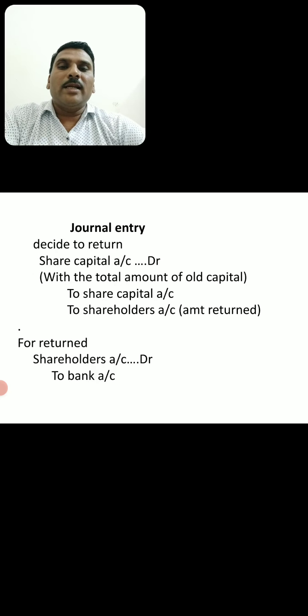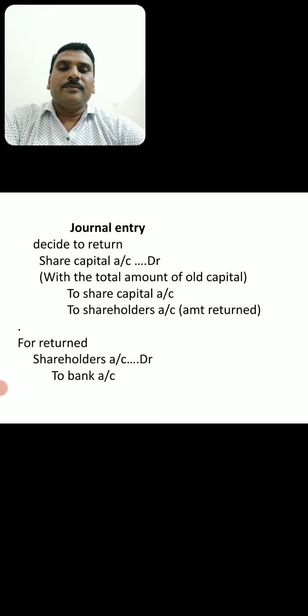Next, for this the journal entry is share capital account debited to share capital account and shareholders account. Share capital means the amount actually received from the shareholders. Now, to share capital means after payment of excess amount what remains, that is new share capital, and to shareholders account is the excess amount which is repaid to the shareholders.